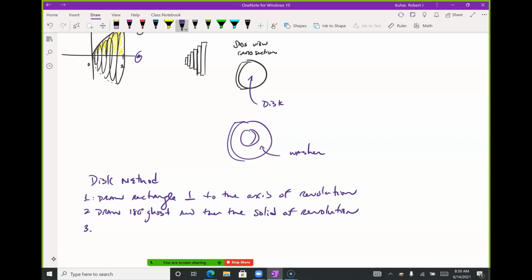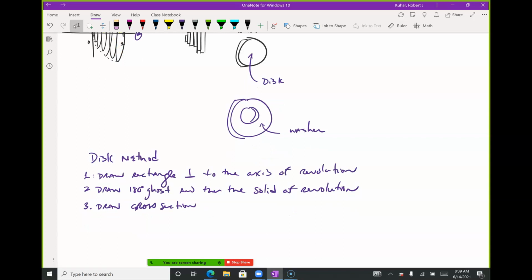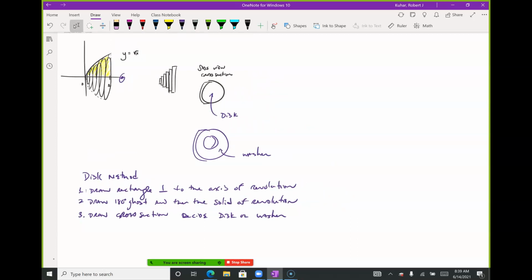Try and visualize, draw the cross section, and decide disk or washer. Set up the integral, solve the integral.